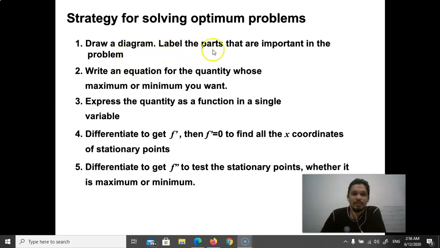Draw a diagram, label the parts important in the problem, taking out all the information from the question. Write an equation for the quantity, and then the steps are to find f prime, set f prime equal to 0, and then find f double prime to see whether it is a maximum or minimum.